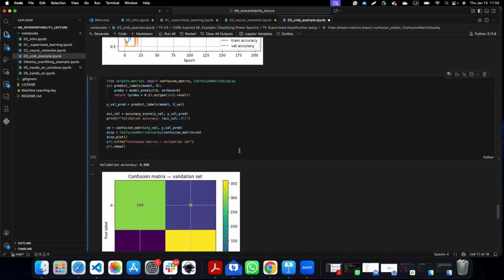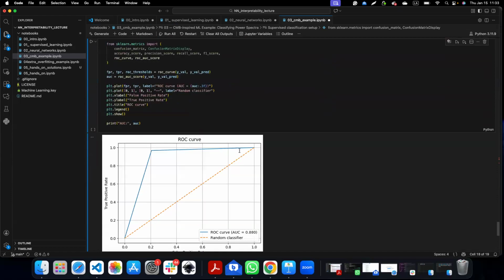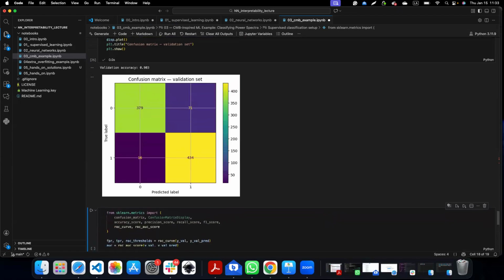Okay, and now let's compute the confusion matrix. And it seems quite good, right? It's quite diagonal. So again, this means that 379 simulated data of the angular power spectra who belong to, for example, lambda CDM, were classified as lambda CDM.